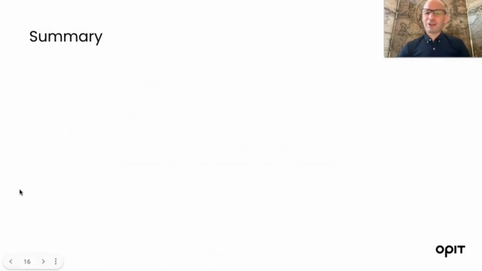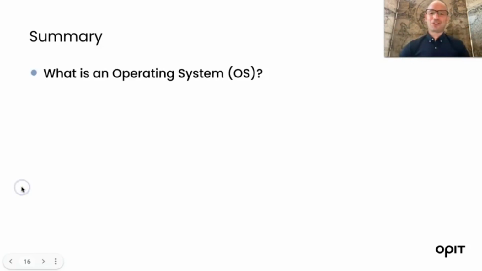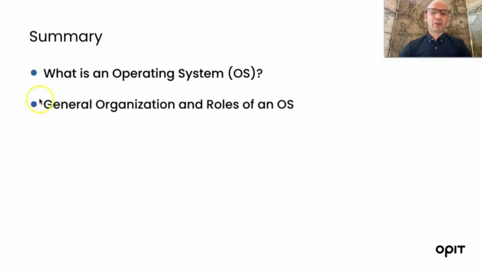All right, so that's all I wanted to talk about in this overview of operating systems. To quickly summarize, we talked about what an operating system is, and the general organization and roles of an operating system. We talked about the user view and the system view and how those are different, right? Applications for a user and more system processes from the system view.